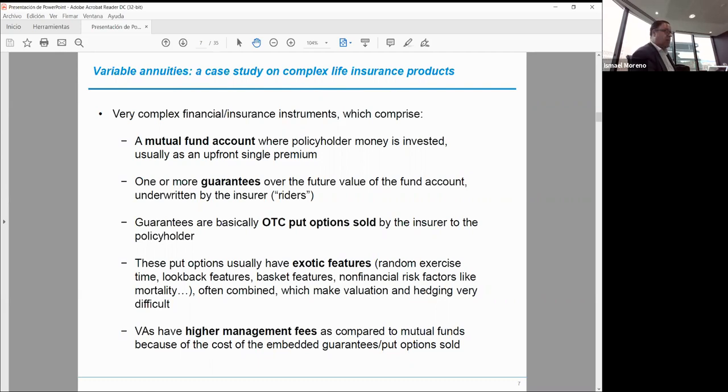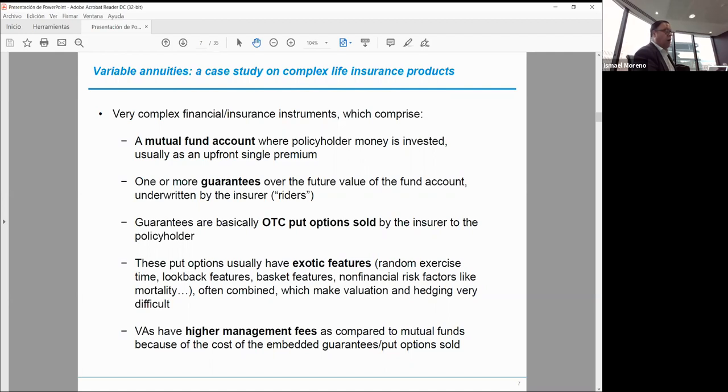In some cases, these products have been very, very dramatic. They have made some insurance companies go bust in the past because basically of mismanaging it. In the 80s and 90s, when this product became popular, insurance companies basically didn't know how to manage them. There were no financial specialists available to insurance companies either.